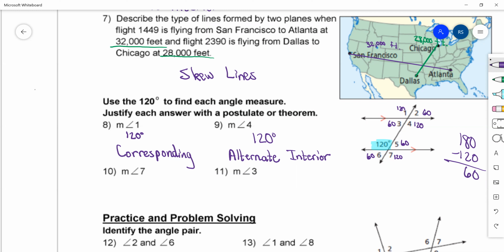Yeah, angle 7. He's going to be a little tricky. We're going to have to think back to unit 1 for angle 7. What kind of angles are those? Well, we know it's 120 degrees, but what kind of angles are they? Start with a V. Vertical angles.